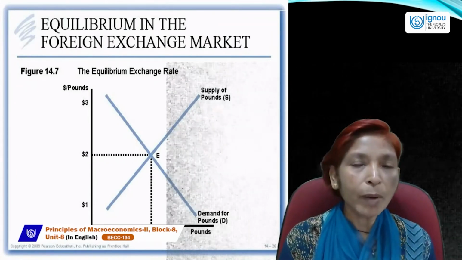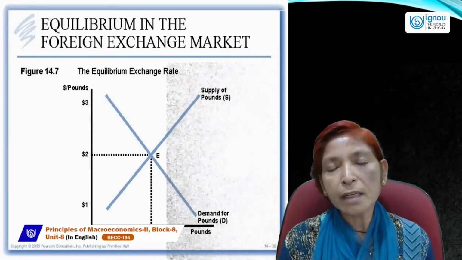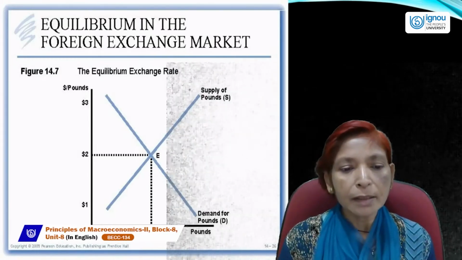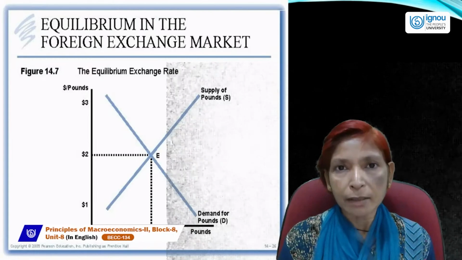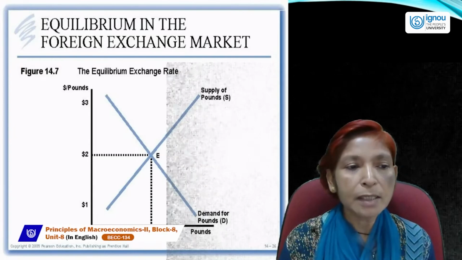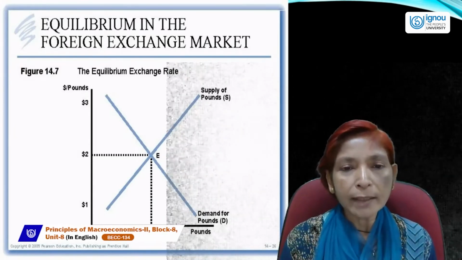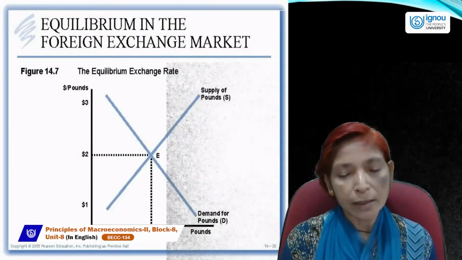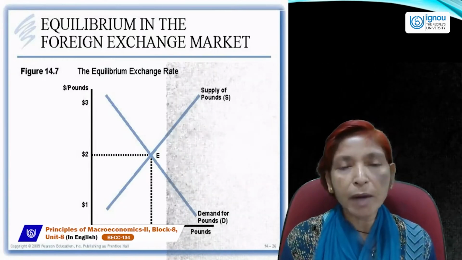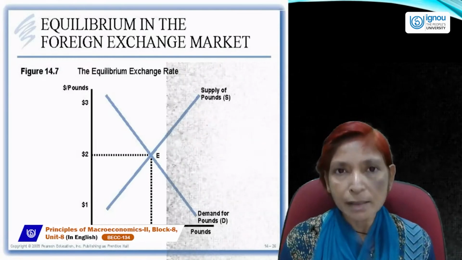If the value of pound decreases, supply of pound also decreases. Where both curves intersect each other, the equilibrium point is determined. Here the equilibrium point is E. At this equilibrium point, the value of pound is determined as 2 and the quantity of pound is determined as 1. So this is the flexible exchange rate system, which is determined through the forces of demand and supply of foreign currencies.